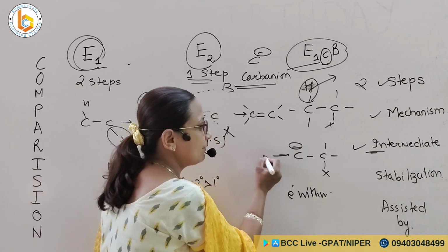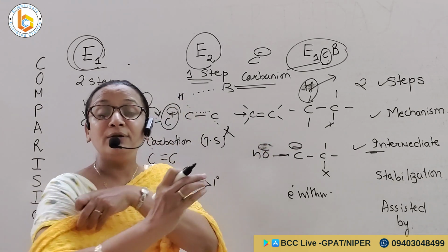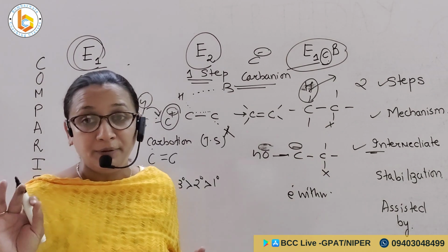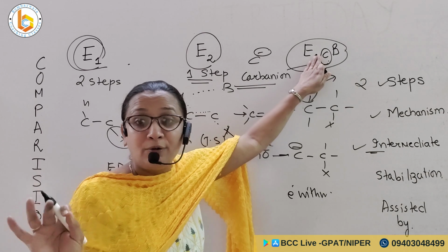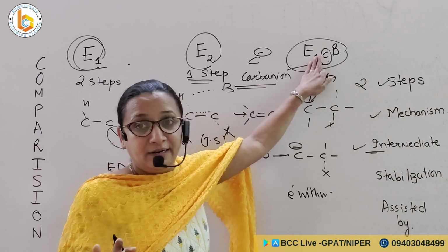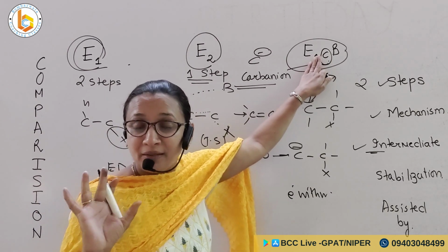If I attach an electron withdrawing group here, a group which will withdraw electrons, it will stabilize the carbanion. So E1CB is stabilized by electron withdrawing groups. Whatever stabilizes the carbanion will stabilize E1CB.